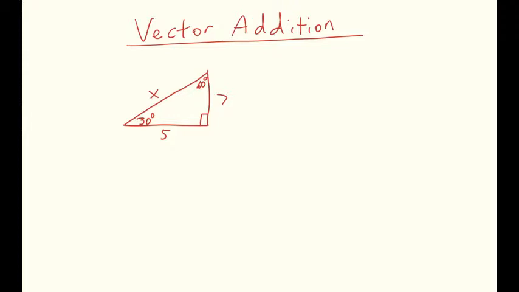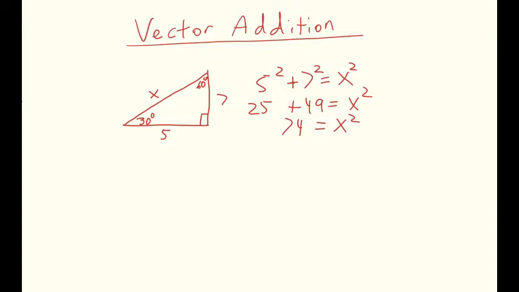Since it's a right triangle, you would use the Pythagorean theorem: 5 squared plus 7 squared equals x squared. Of course, you have 25 plus 49 equals x squared. 25 plus 49 is 74. Take the square root of 74.